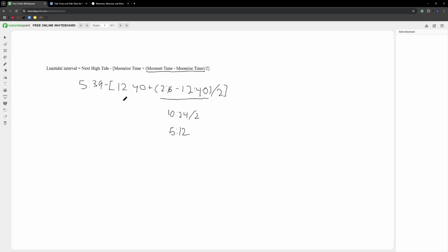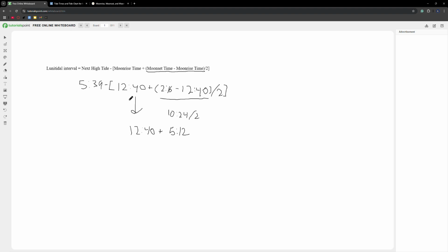So now you're going to bring this down, and you're going to take 1240 plus 512. I know in this example we're not really having to do this, but you're going to want to use 24-hour time.